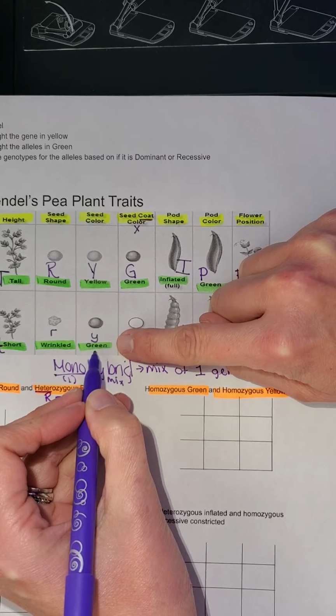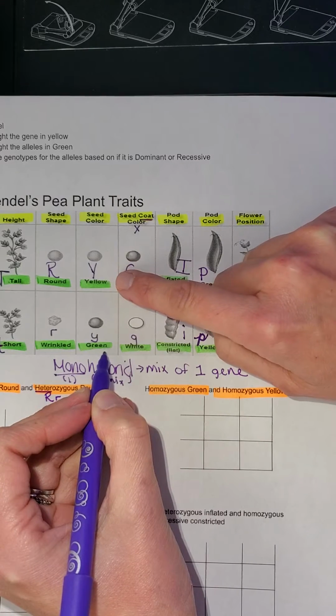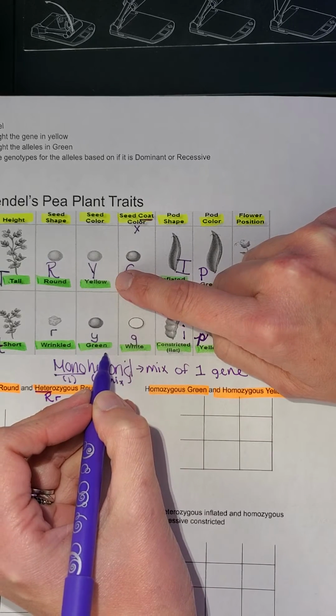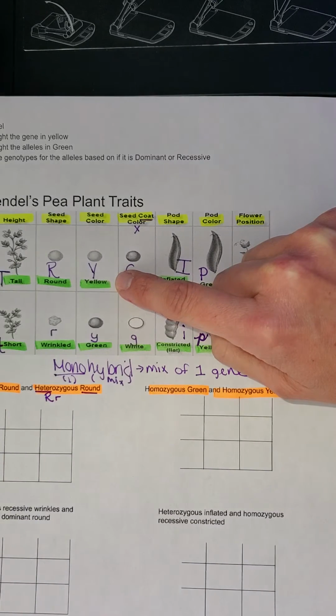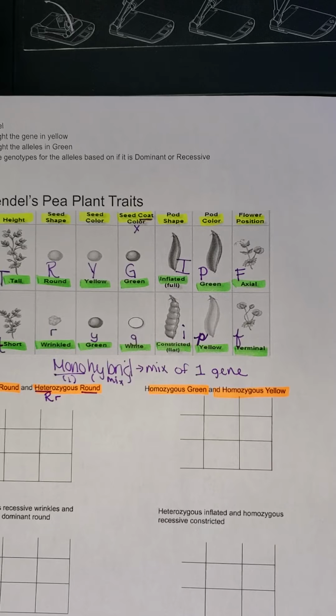I'm green. So in order to be green, I cannot have a dominant in there because dominant would then make it yellow, right? Because remember the dominant letters, the big one, it's the R. It's the one that will cover up the smaller one. Think about me. I'm dominant.